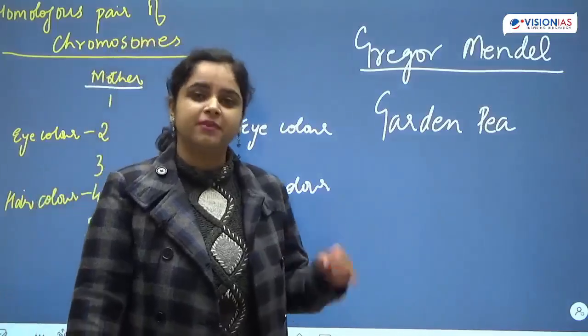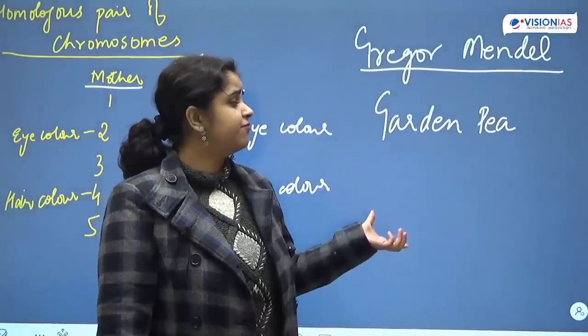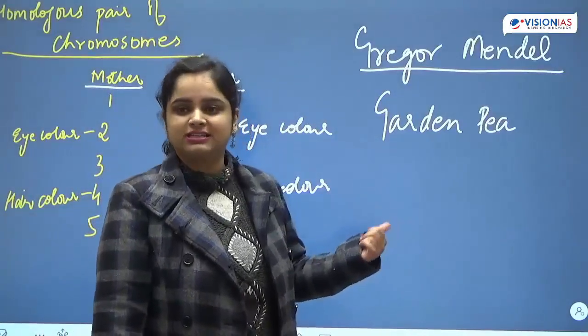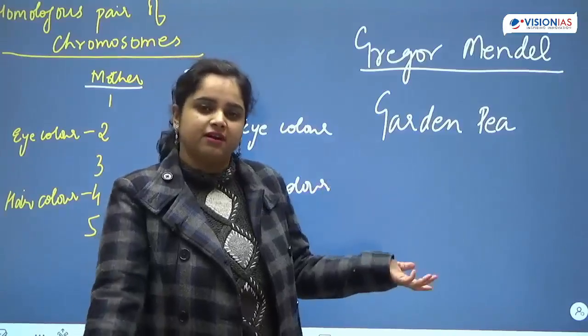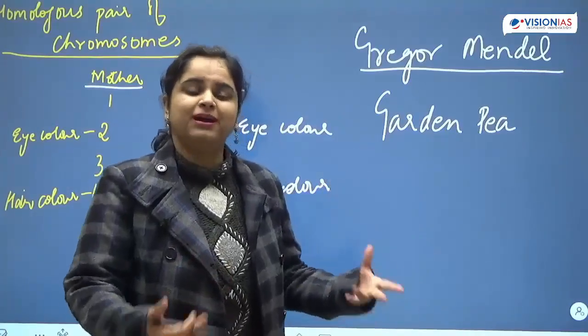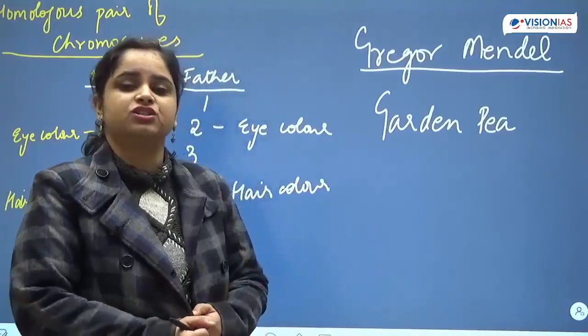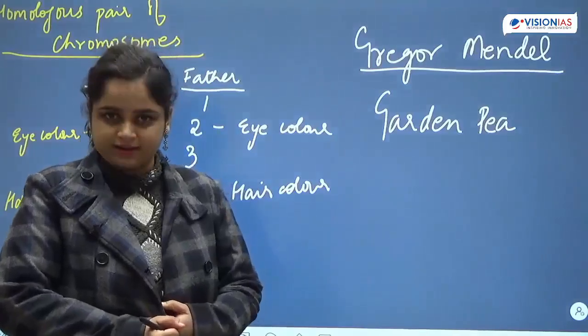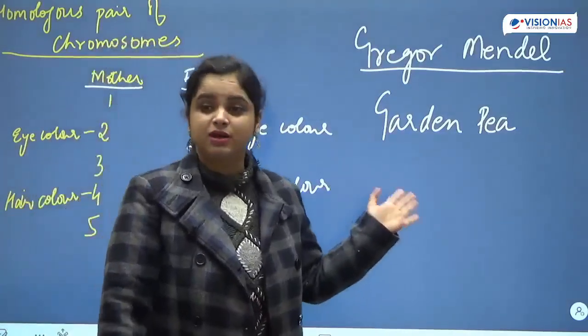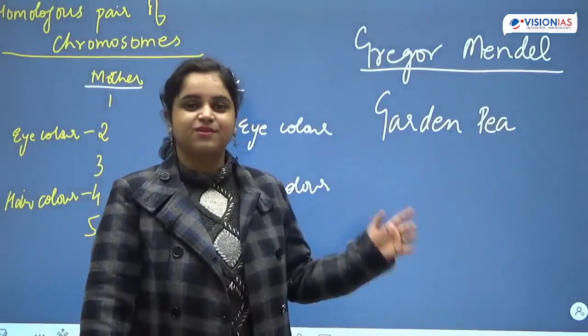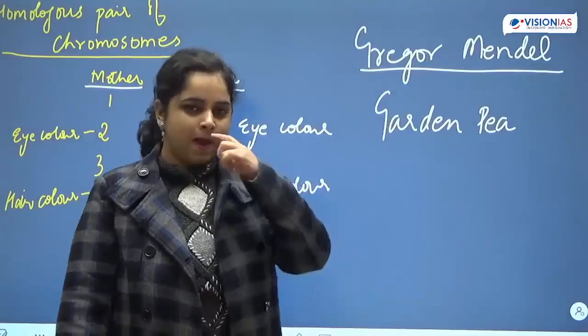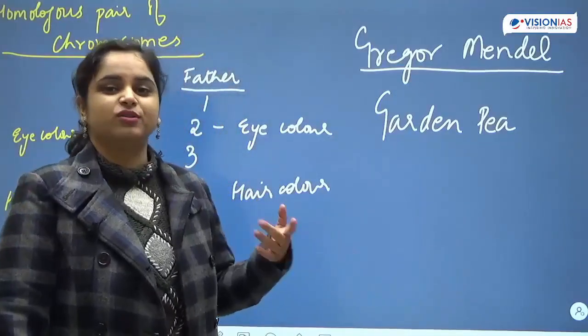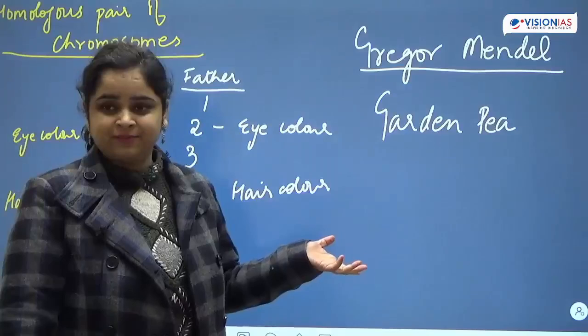His work is commendable, even if we have found out that things are not as simplistic as Mendel brought up, but mathematically his calculations can still give us a lot of idea. He was very lucky that he worked with garden pea, because if he had worked with any other plant or organism, he wouldn't have got the results which he had.